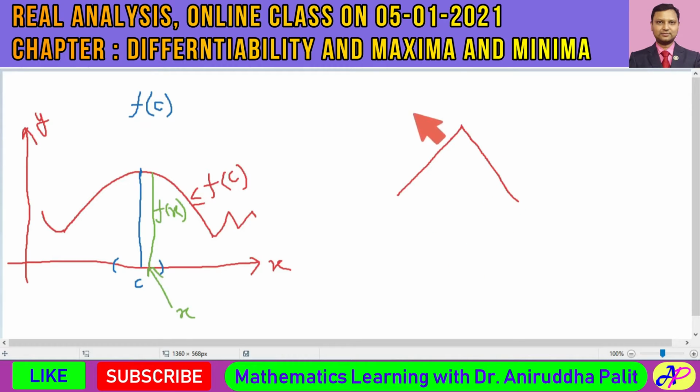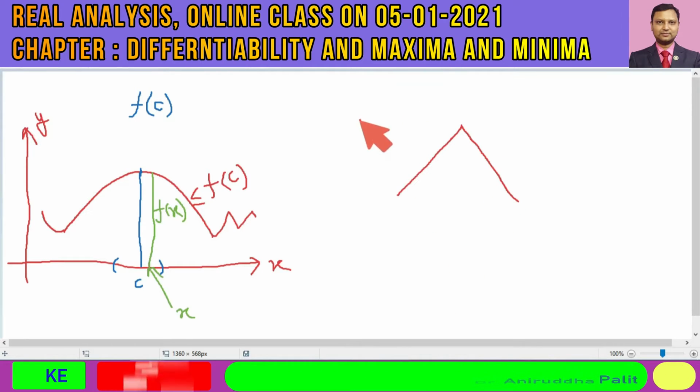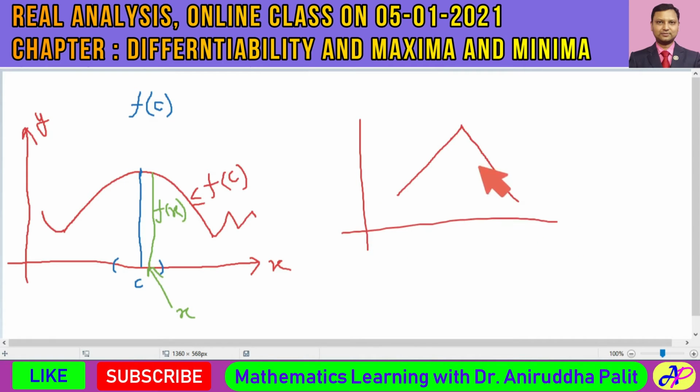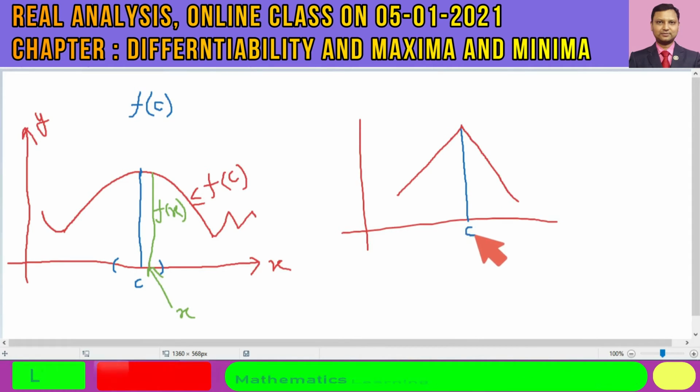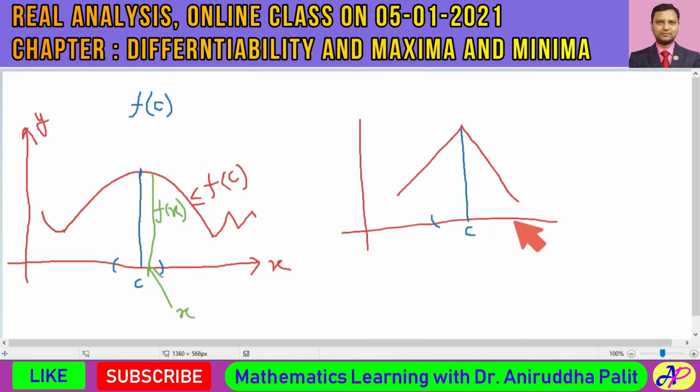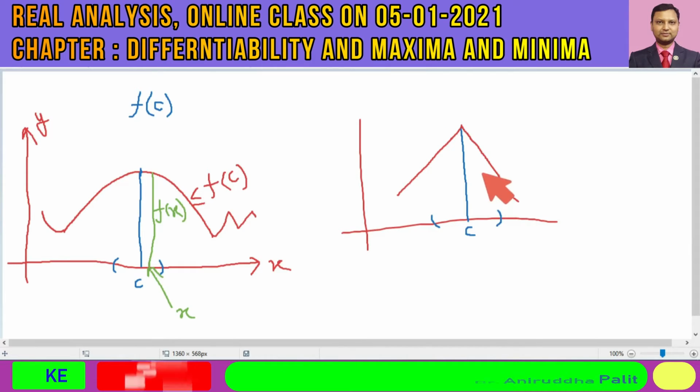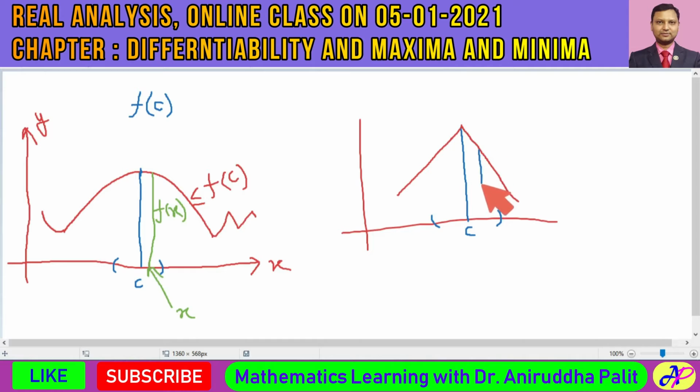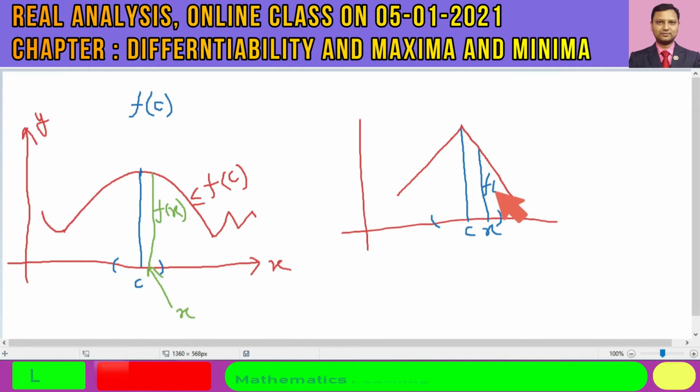And you see the same definition is true for this kind of function as well. Say at this point the function has a maximum value at the point C, and consider a sufficiently small neighborhood of the point C, and say this is the position of x, then this would be our f of x.